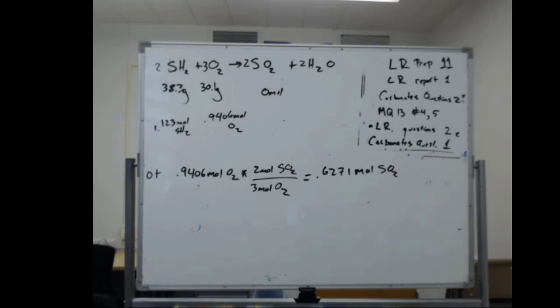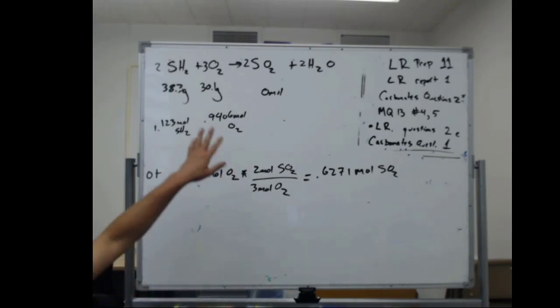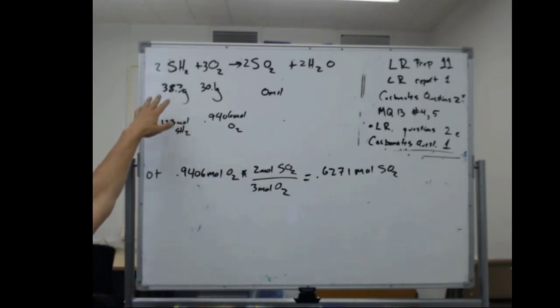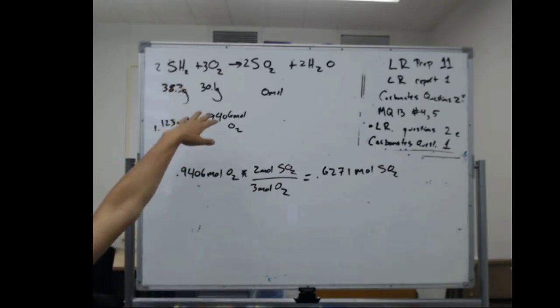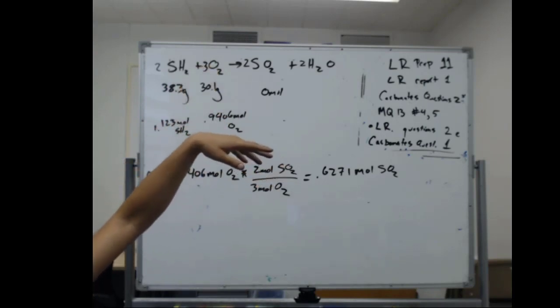And the place where that becomes problematic is it's fine to think about two SH2 molecules with three O2 molecules going to two SO2 molecules.